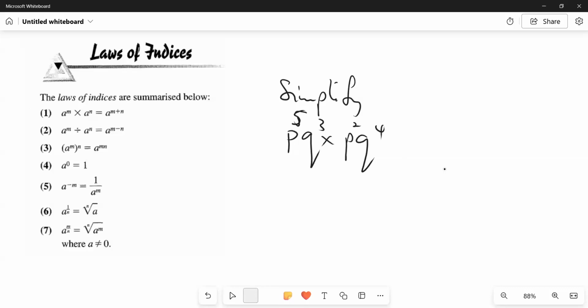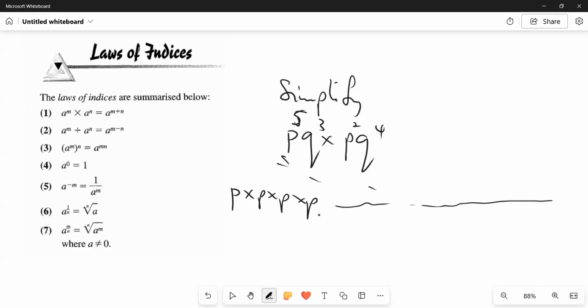We used to write out p by p by p by p, write out the whole thing, put all the p's together, put all the q's together, and then simplify, right? I hope you remember those days. We're not going to do that now that we have the laws.